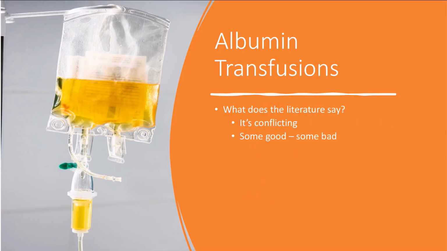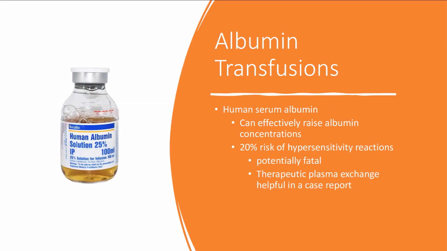So what does the literature say about albumin? Well, it's conflicting. There's some good news about albumin transfusions and some bad news. Human serum albumin, glad we had a question about that, can effectively raise albumin concentrations, but in dogs, it is associated with a 20% risk of severe, potentially fatal hypersensitivity reactions, and in a single case report, the animal survived only because they used therapeutic plasma exchange.